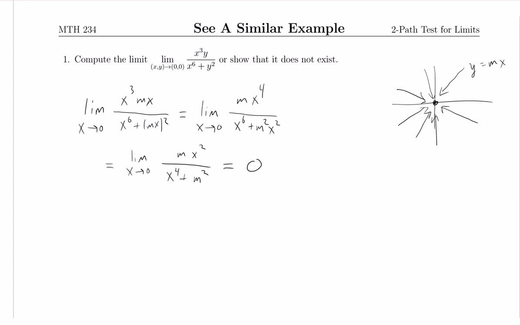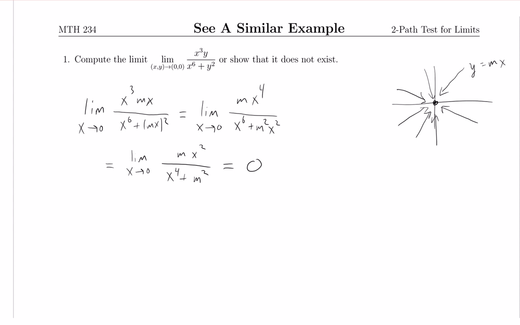Recall the definition for the limit of a multivariable function. For the limit to exist, the limits must be the same along all paths of approach towards the point. And although we have tried infinitely many different paths, we have not tried all paths.